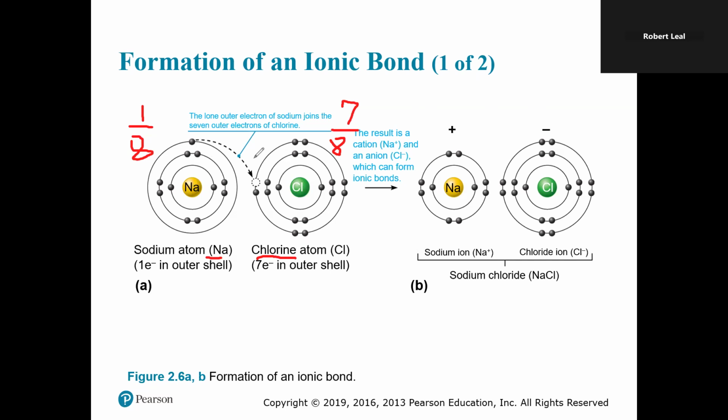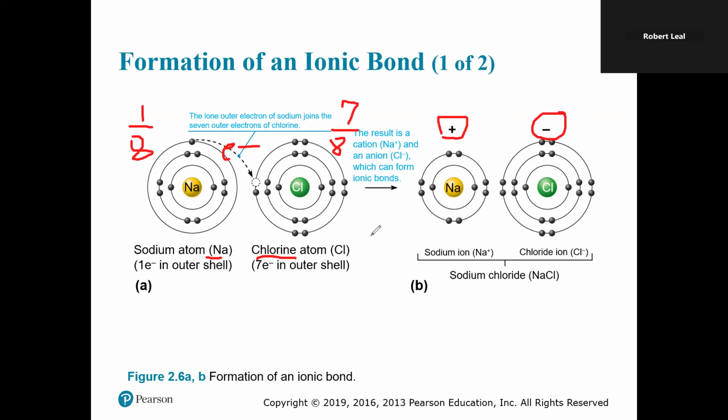Now, because chlorine's so strong, it just pulls the electron off of it. And when it gains that extra electron, it now has a negative charge. And because sodium loses the electron, it has an extra proton, which now gives an overall positive charge.